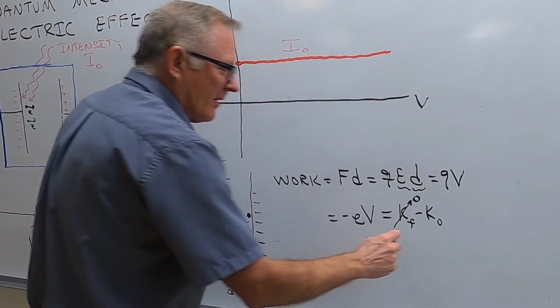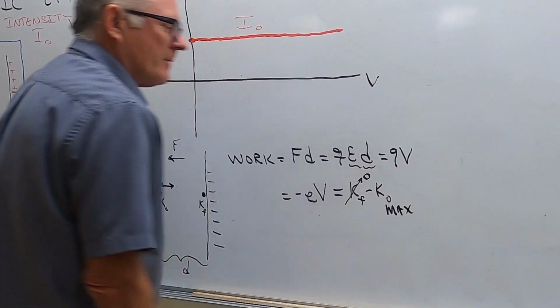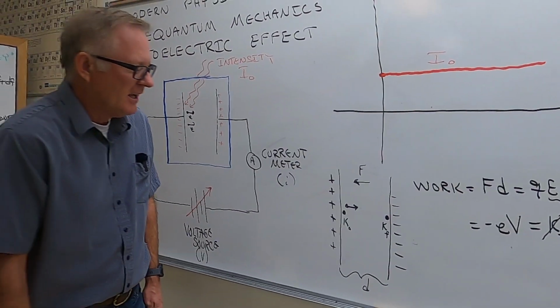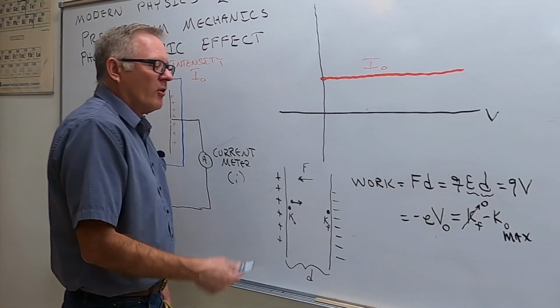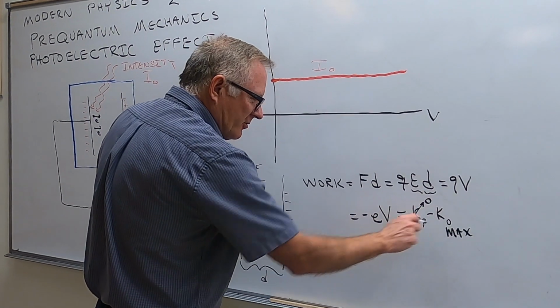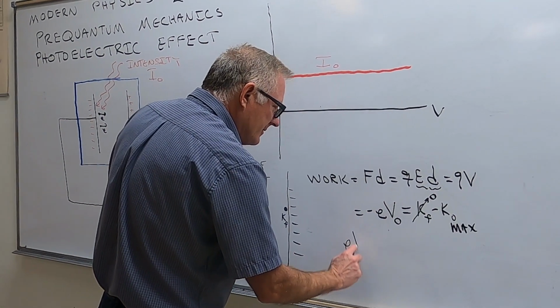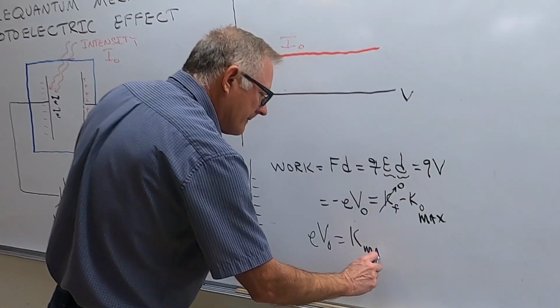So we could call this the maximum kinetic energy. And we could call this V naught, the voltage it took to stop them. So we could say, cancel the two minuses, E times V naught equals the maximum kinetic energy.